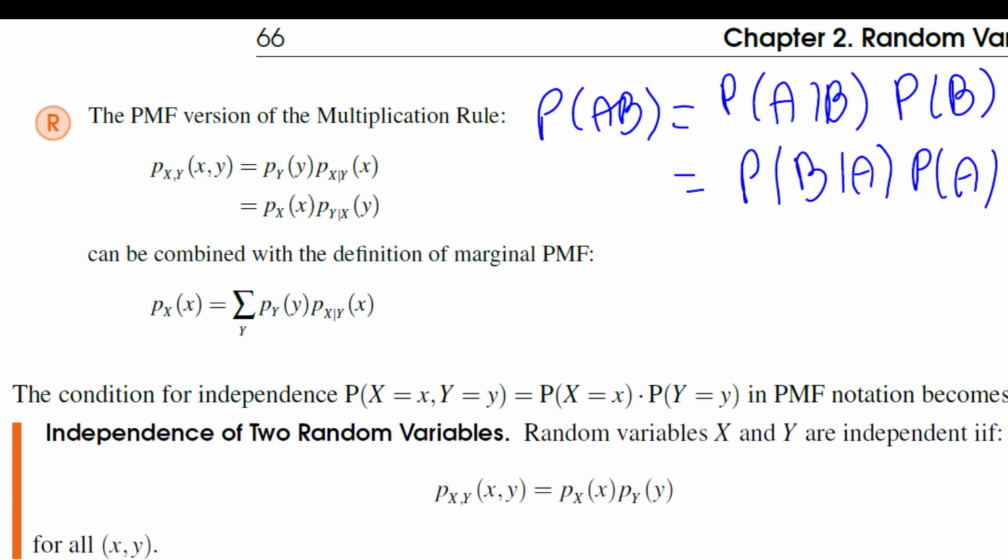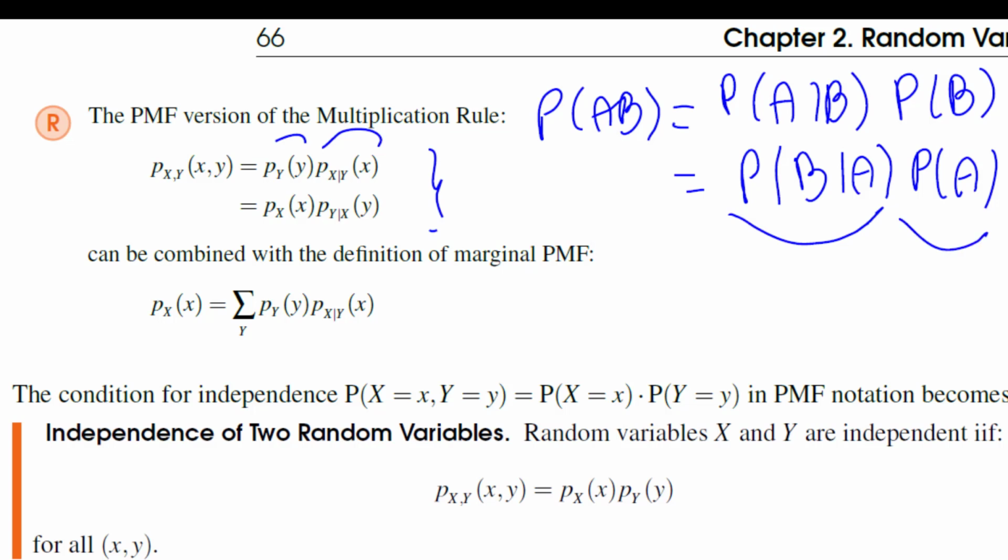So that's that multiplication rule. Now, in terms of our notation here, these two equations are equivalent, okay? So here we have the conditional probability, and then times the marginal, and this would be the marginal in this case.